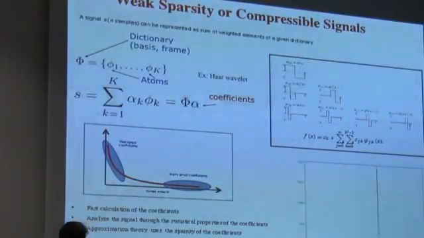If you look at the histogram of the coefficients alpha, then you are sparse when you have a kind of non-Gaussian behavior, a kind of Laplacian distribution, and the tail of the distribution contains most of the information, because the coefficients in the tail are the most energetic ones. So everything is in the tail.